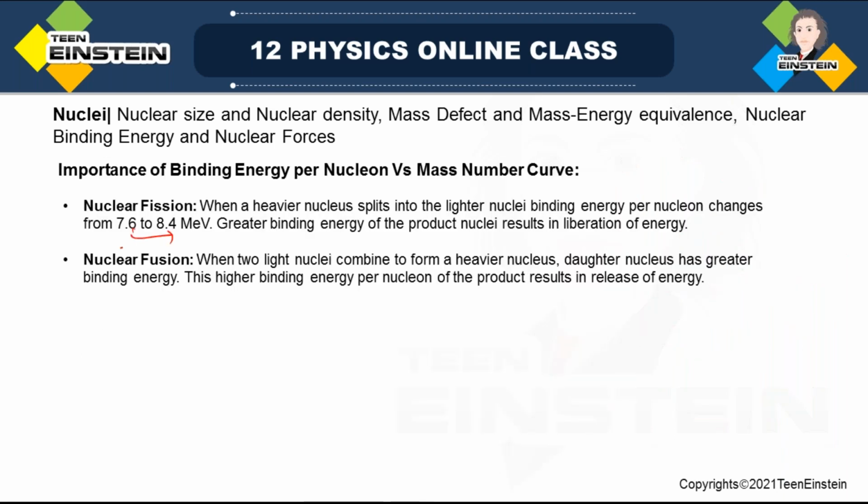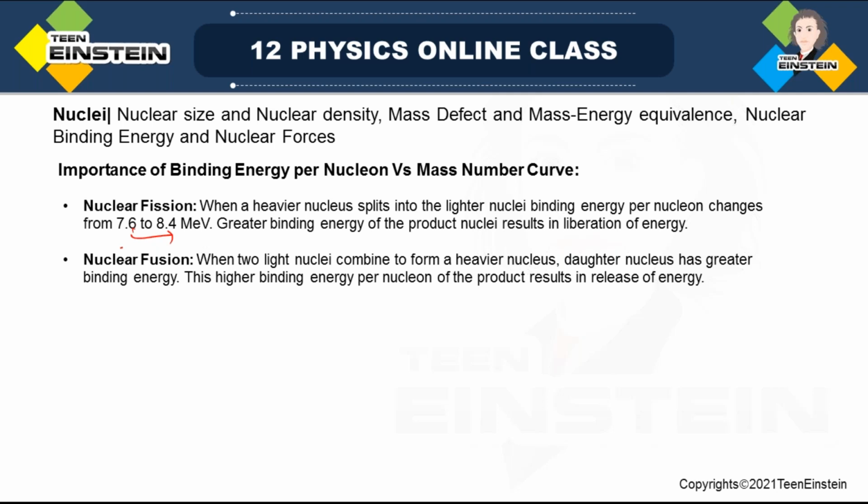This greater binding energy of the product nuclei results in the liberation of energy, and this is the basic understanding of the fission reaction, why we get this much energy from nuclear fission.